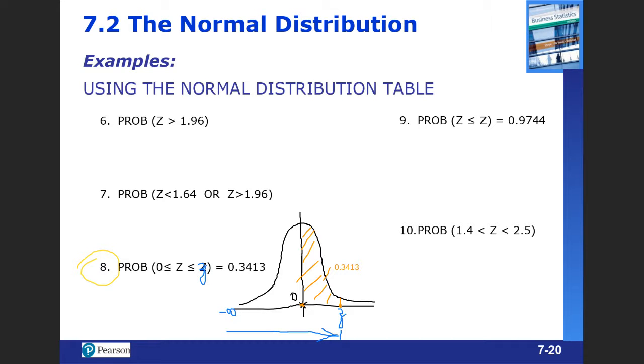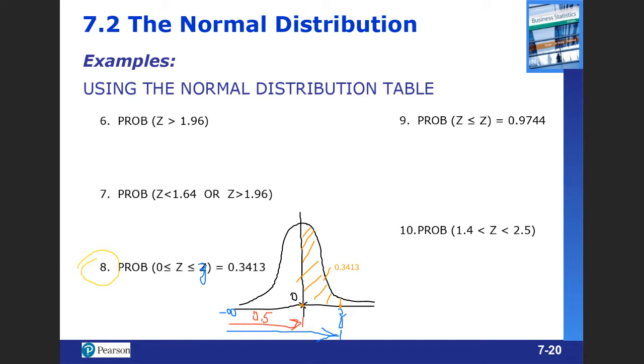Find the negative to 0 first. Okay, so from negative infinity up to 0 would be what? 0.5. Okay, and then add 0.5 with the 0.3413 and you get 0.8413.